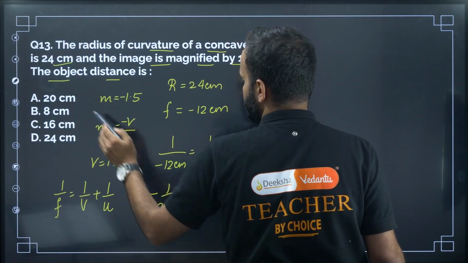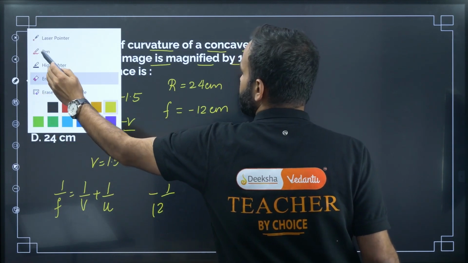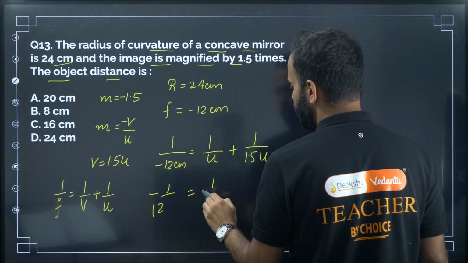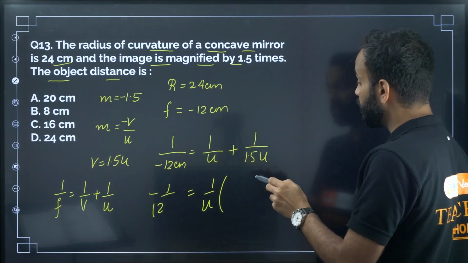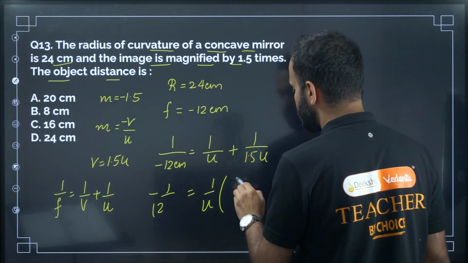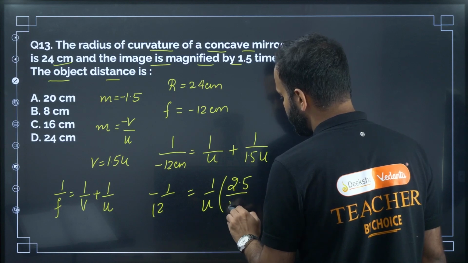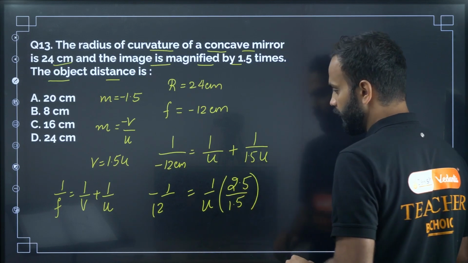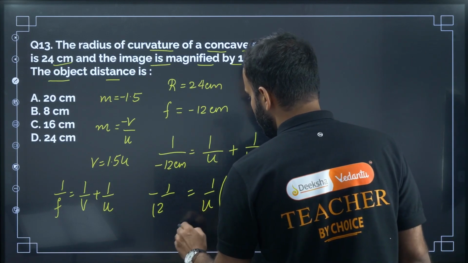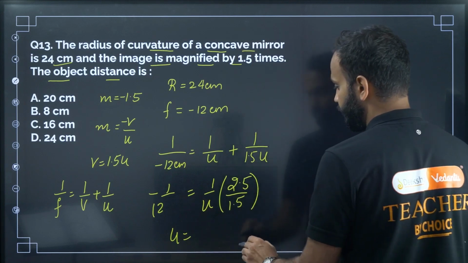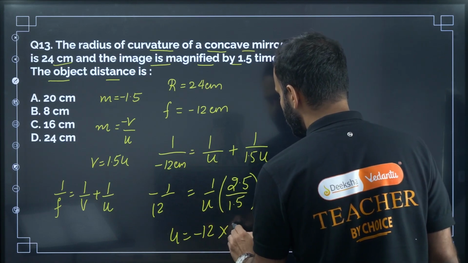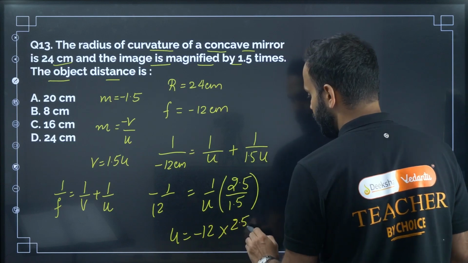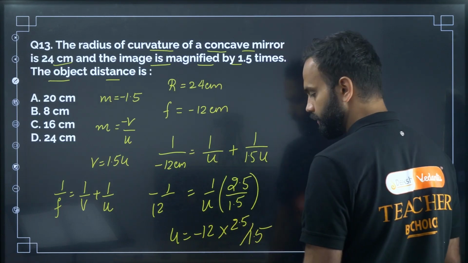Now minus 1 divided by 12 centimeter. Taking 1 by U as common, this will be 1 plus 1 divided by 1.5, that is 2.5 divided by 1.5. Now U is equal to minus 12 into 2.5 divided by 1.5.